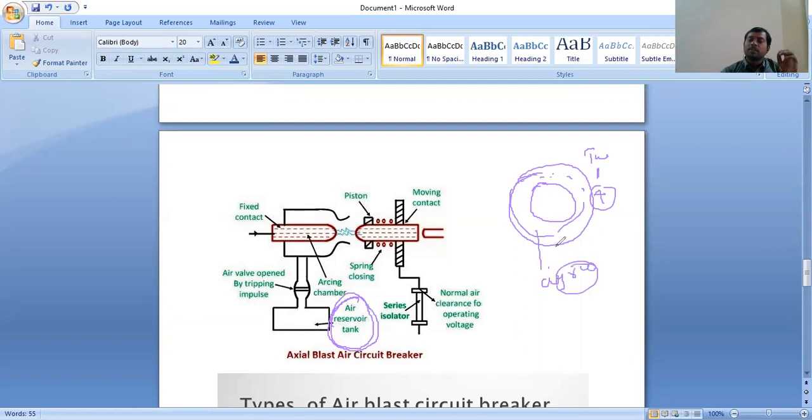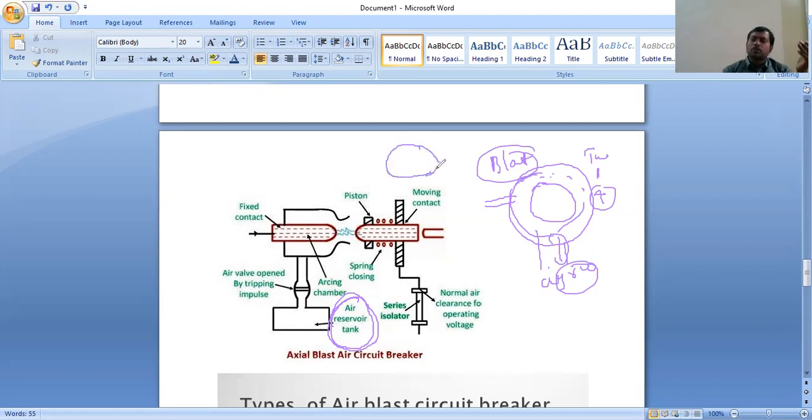Whenever there is a small opening of the valve or some hole, a huge amount of air will be released outside, and there may be a blast. Otherwise a huge amount of air will come outside with high pressure. Just like a balloon also.